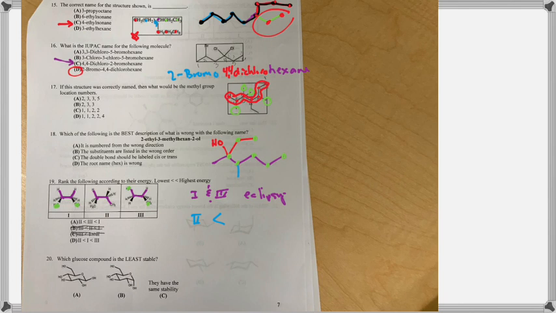Okay? What does that mean? 3 is lower, 1 is the highest. So 2, 3, 1, good process of elimination. Whether or not you got the right answer, you at least did a good process of elimination on what you could see within that. Okay?